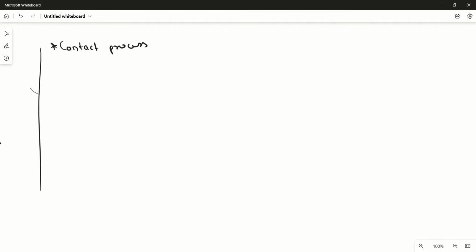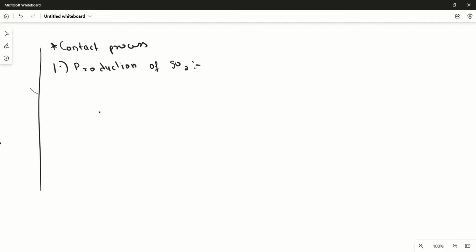So let's just start. First, in the contact process, the first step is the production of SO2. To produce SO2, we need to first do a few steps, and those steps can be carried out in chambers.